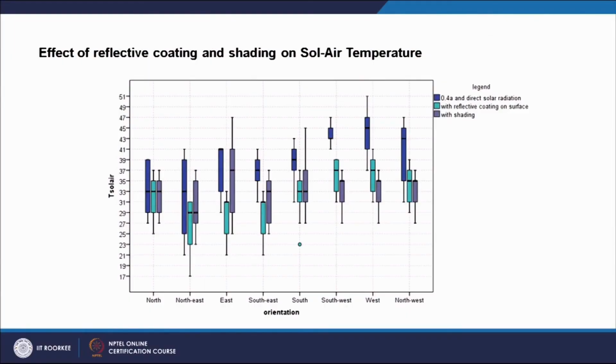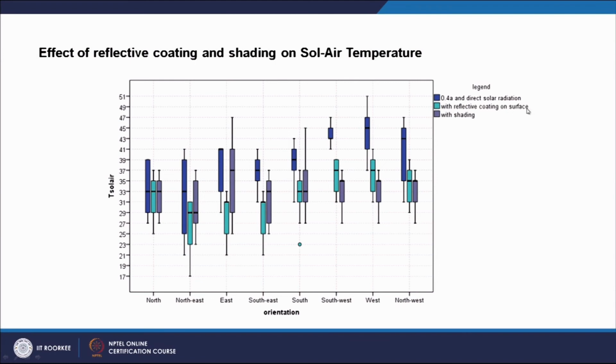We have calculated the sol-air temperature ranges for 8 orientations. There are 3 cases here. The first case, this dark blue, the solar absorptivity of the surface is 0.4, which corresponds to a normal white painted or ivory color painted external wall. There is direct solar radiation, and it does not have any shading. Number 2, this light blue, where we painted the surface with a reflective coating.